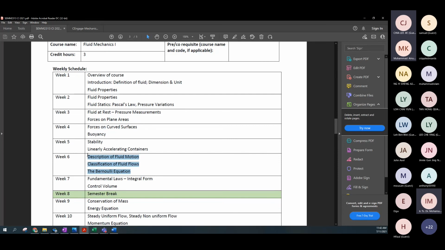So I will try my best to cover up to the Bernoulli equation, and then you can do your test. Is that okay, class? Any questions? No questions. Okay, thank you.